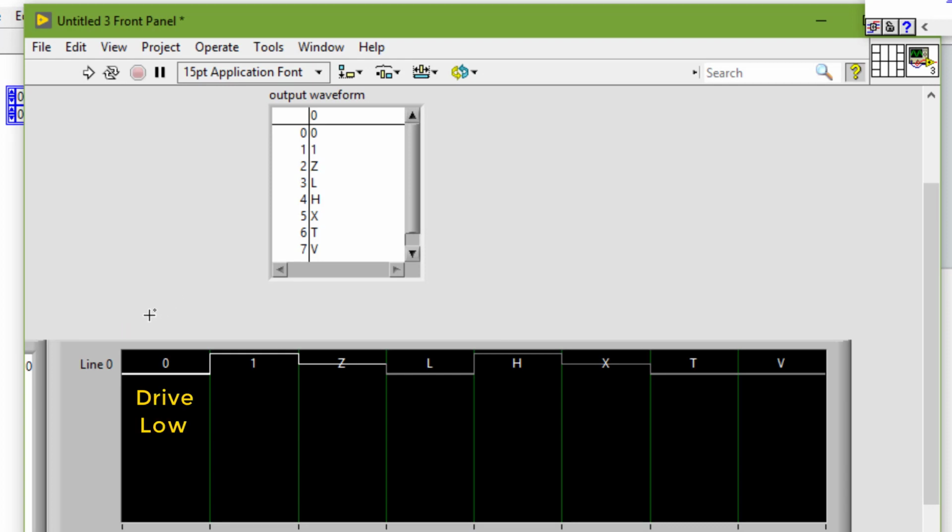and so the value of 0, which means drive low, forces the logic low. It drives to the low voltage level V, and in the subscript is OL.